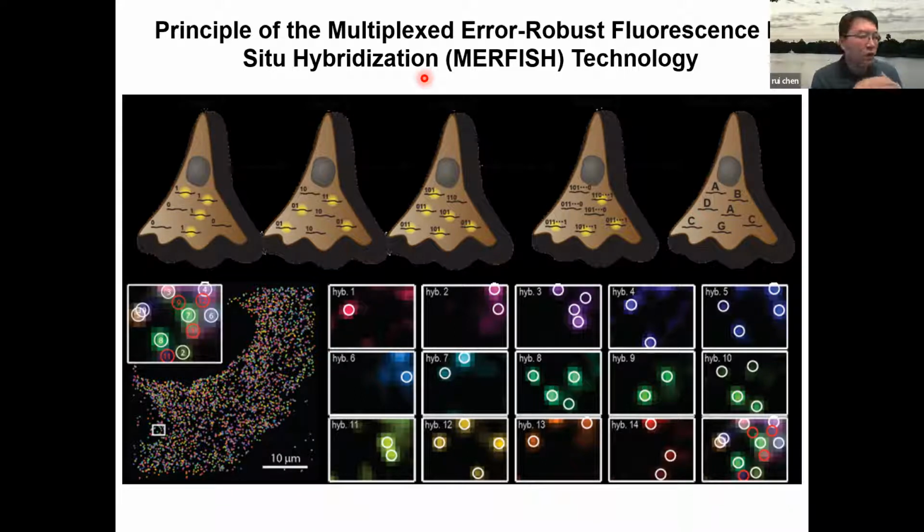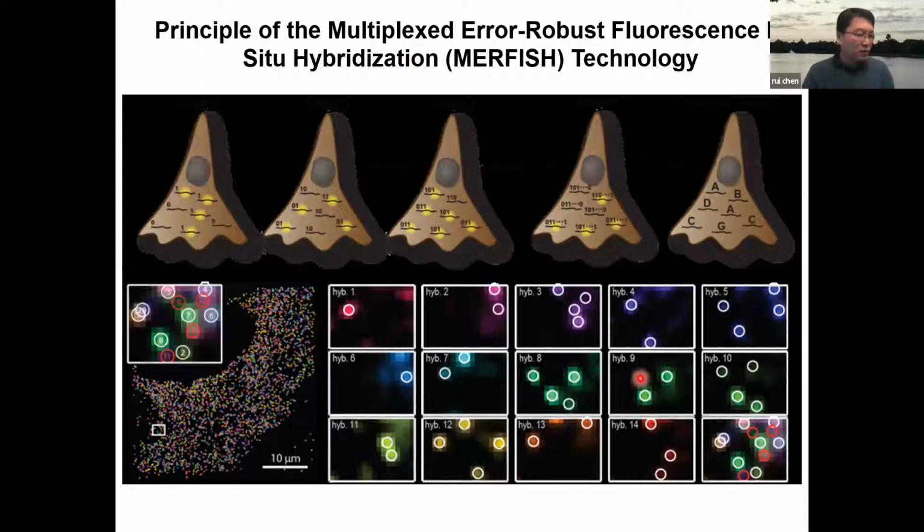Once you hybridize the probes to the tissue, you can do serial hybridization and read out which barcode the probe carries and which barcode you can detect in the tissue. Based on the barcode, you can assign the individual signal to the target transcript.